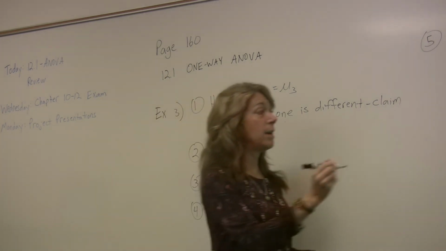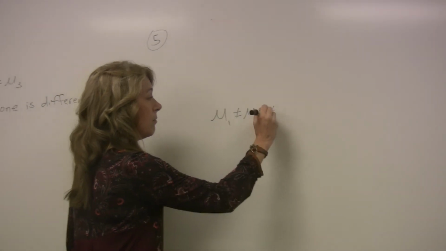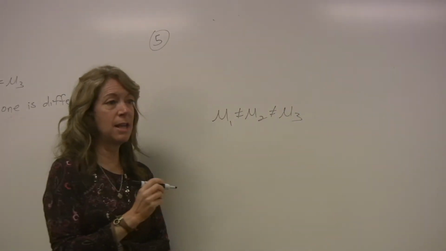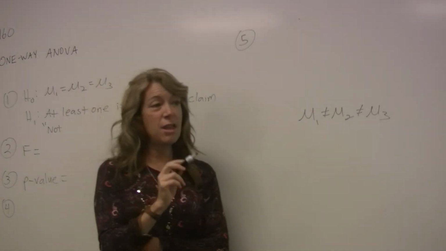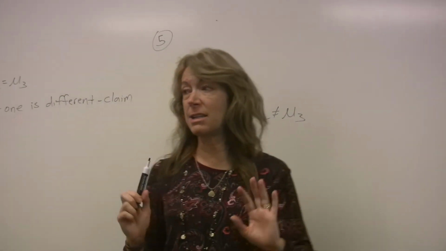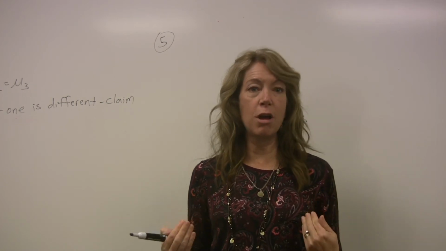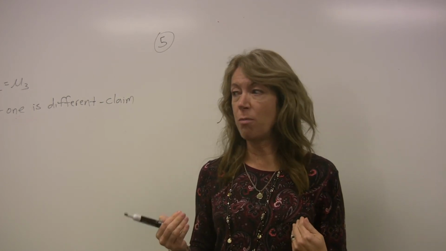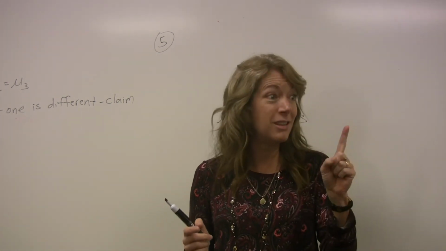Yeah, the reason we can't write that, which is tempting, I agree, is that this says they're all different from each other, which is different than they're not all the same. I think we talked about this last time. If I say all of you are the same age, to prove me wrong, you don't have to show me that every single one of you has a different age than the person next to you. You just have to find one person who's different.